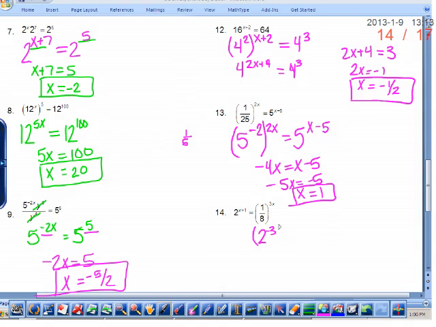The negative flips it and makes it become 1/2, and then if you cube 1/2, you get 1/8. Everyone see that if they made a mistake at first? So you had x plus 1 equals negative 9x. So x equals negative 1/10.